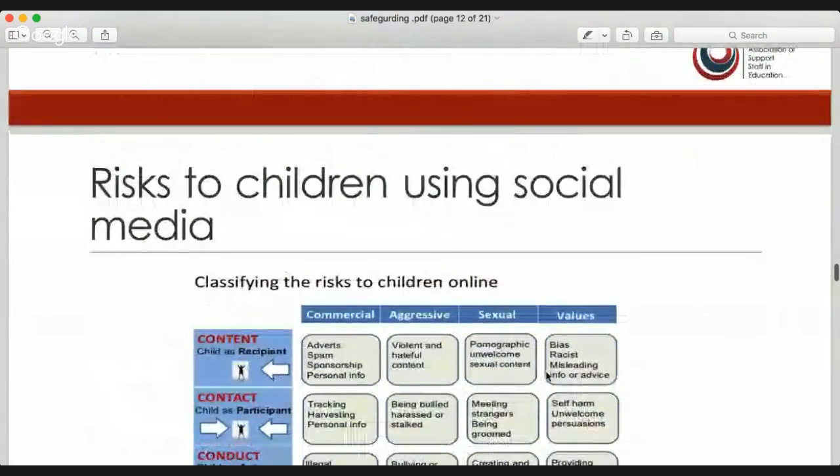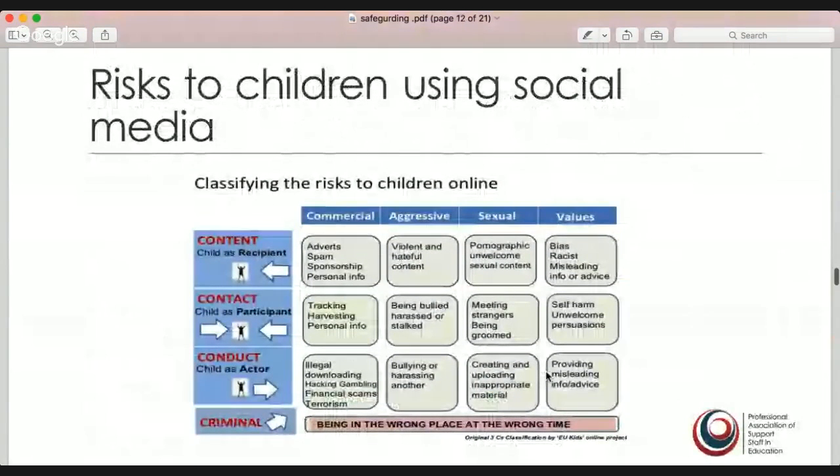So some of the risks of using social media, and in particular, we're talking about the access that they have with their mobile phones that is difficult for us in schools to moderate, because we may have limited control over what's going on there, depending on their school boundaries. But this makes, I think, quite horrifying reading.